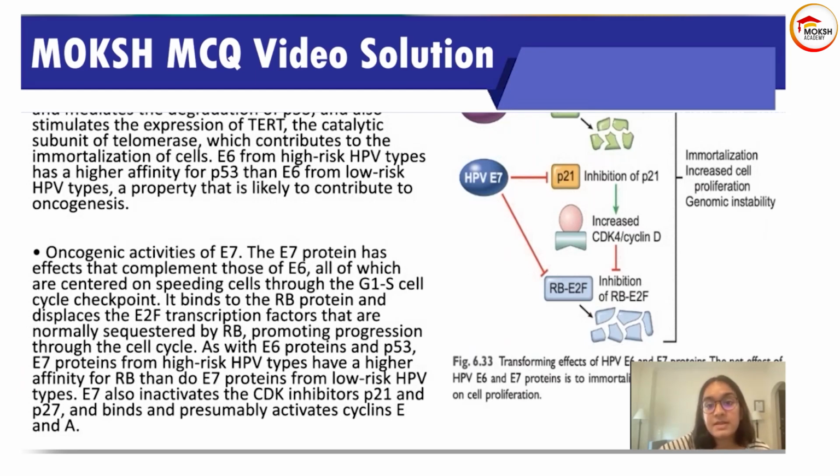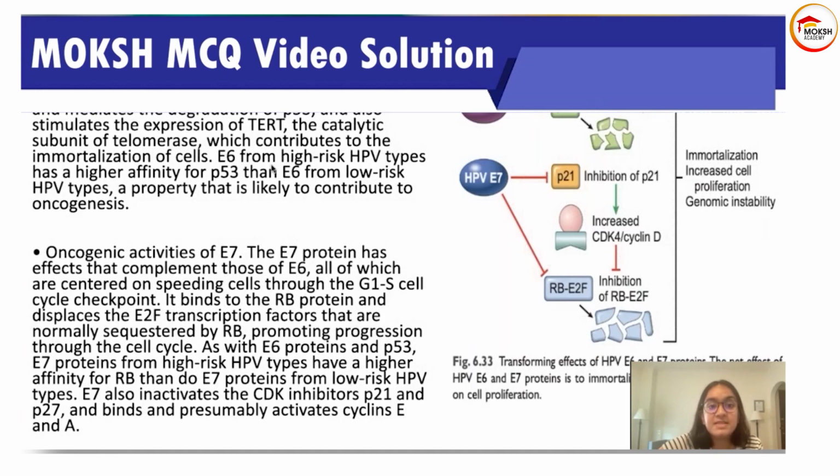So let's talk about E6 first. The E6 protein binds to and mediates the degradation of P53. It also stimulates the expression of something called the TERT, which is basically this gene helps in proliferation of the cells, which contributes to immortalization of cells or proliferation of cells.